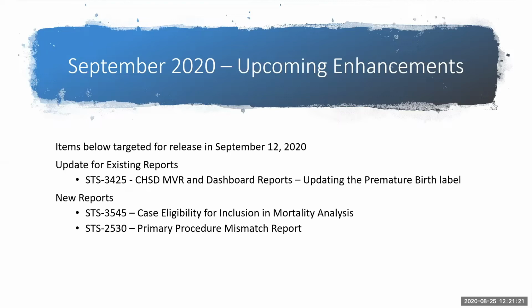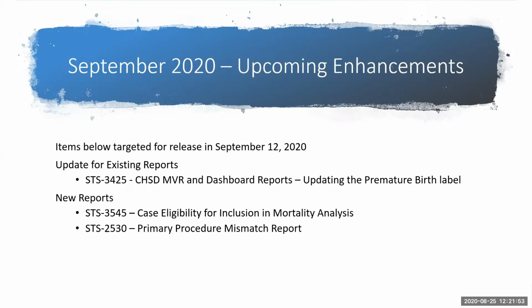And then the big ticket items that we have coming are the new reports. We have a new report that will be for the case eligibility for inclusion for mortality analysis, and also the primary procedure mismatch report. We will be going into more details and showing you a demo of those reports during today's session. So just wanted to let you know that in September, we do have those targeted updates.